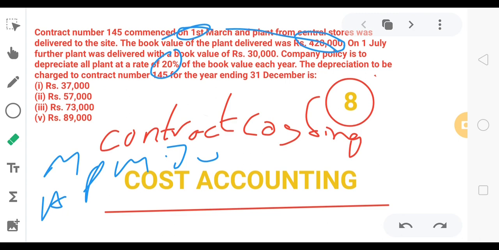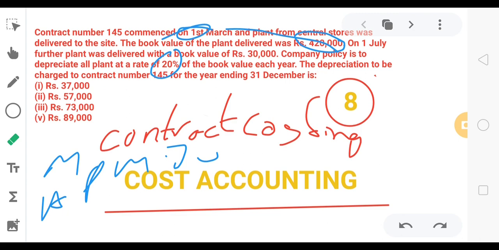First of all we calculated 4,20,000. That is the actual plant value, and then book value. As per the book value we need to calculate depreciation only. Depreciation is calculated only on book value as per accounting standard 6. So depreciation is calculated based on book value. Okay. So the book value of the plant delivered is rupees 4,20,000.